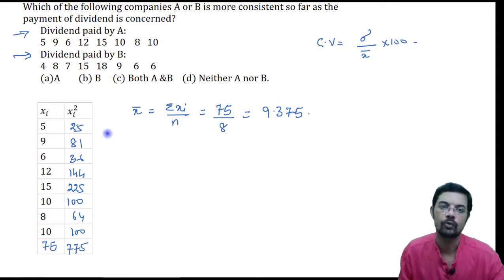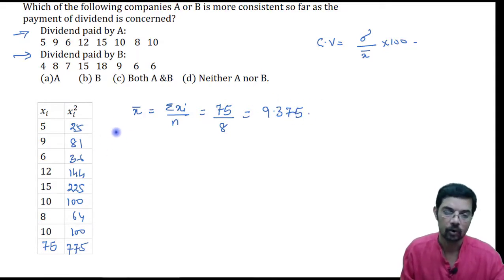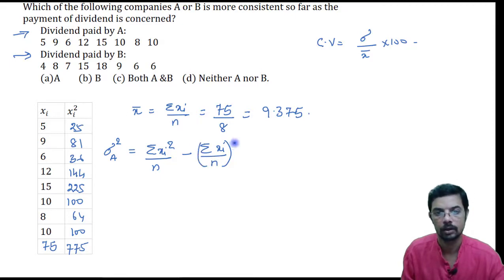Now we shall go for the standard deviation. Sigma square for company A is equal to sigma xi square by n minus sigma xi by n the whole square.